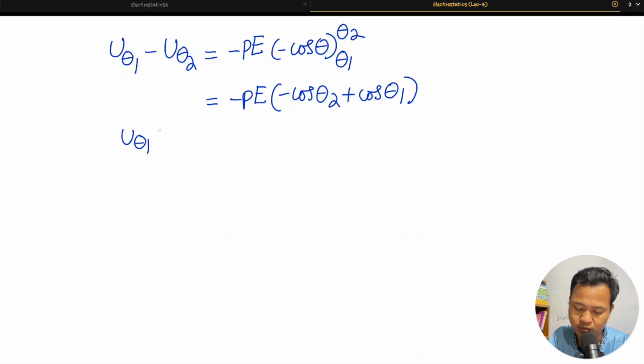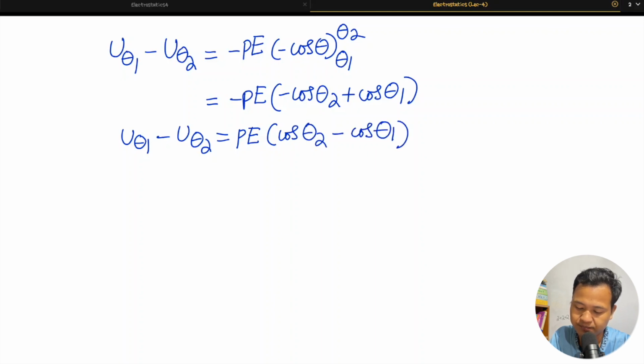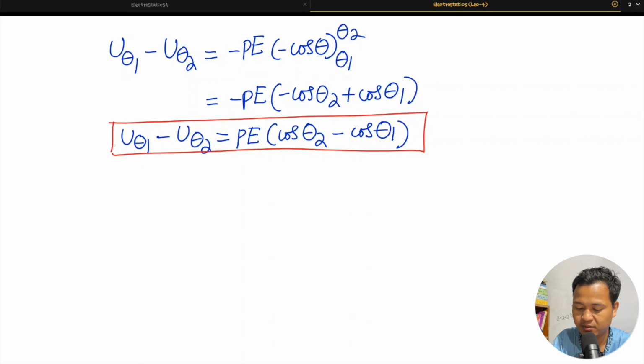So U at theta 1, that's U initial, minus U at theta 2 should equal PE into cos theta 2, that is cos final, minus cos theta 1. This is asked in questions, so you can also remember this one if you want: cos final minus cos initial angle.